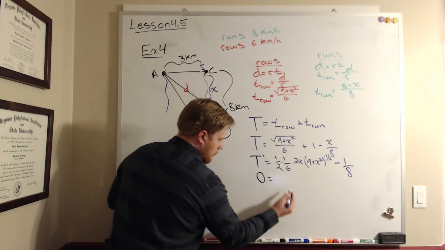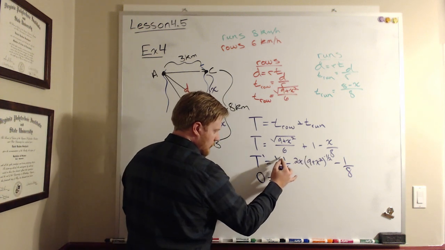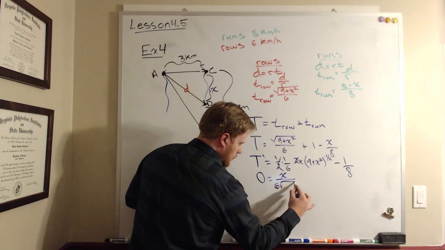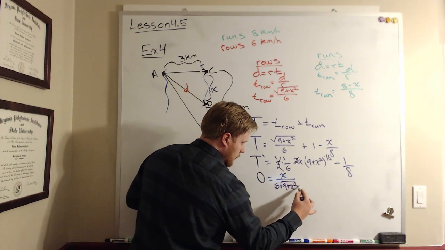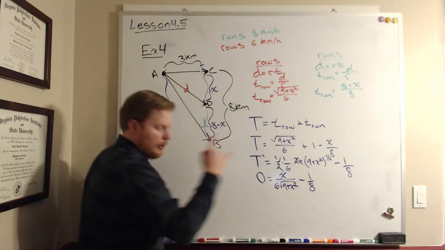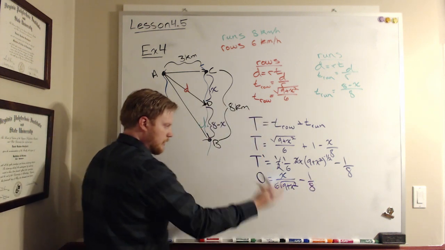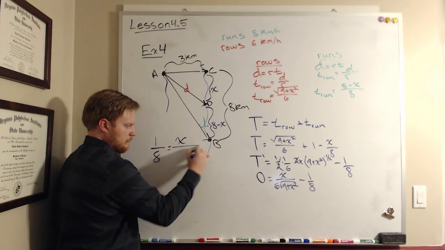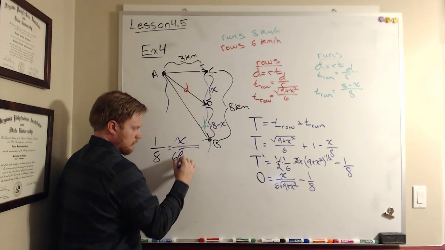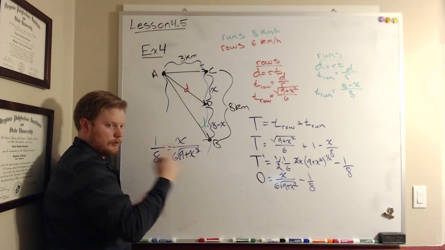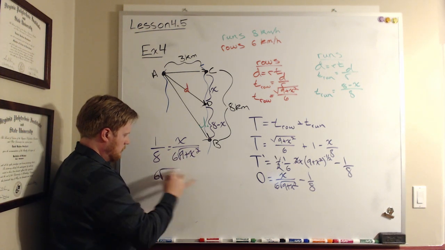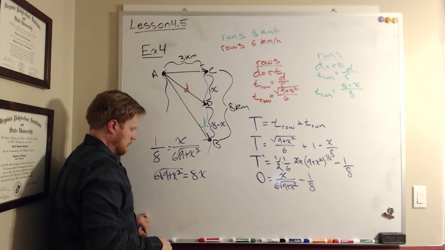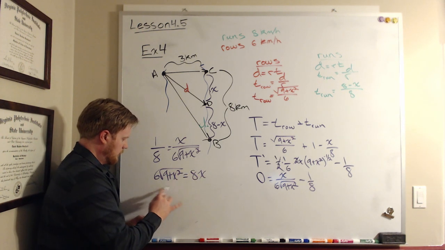Now we want to set this equal to 0 and start simplifying some things. I get x over 6 times the square root of 9 plus x squared, minus 1 over 8. Now it becomes fairly simple to solve, because I can just add 1/8 to both sides and cross multiply. Divide by 6.